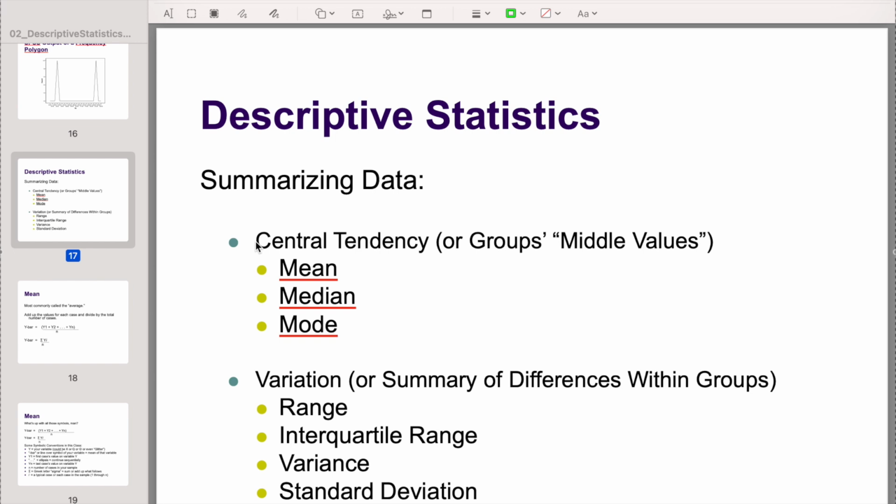So these would be a part of the central tendency, and then the variation we have seen earlier on the side of our graph, something called the standard deviation. So that would be how much the numbers would deviate from the center.